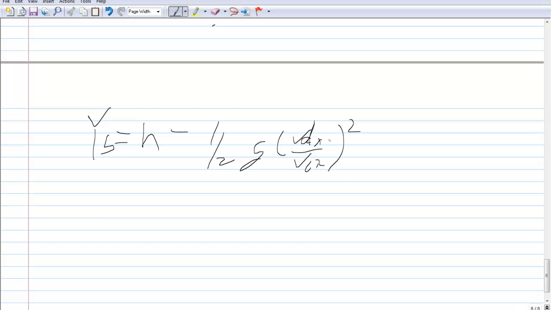This means that the final equation for the y location of the bullet is equal to h minus 1/2 g d over v naught x squared.